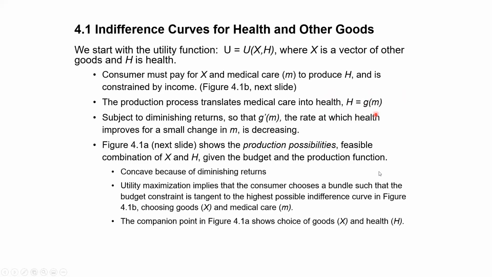This is your production function, H equals G of M. There's a positive relationship: your access to medical care will improve your health status. Subject to diminishing returns, G prime of M, the rate at which health improves for a small change in M, is decreasing.